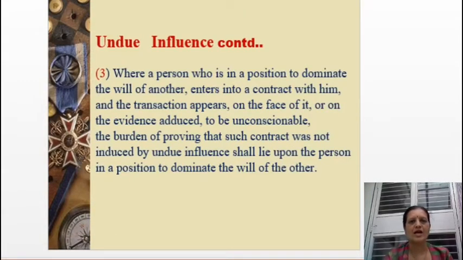Number 3, where a person who is in a position to dominate the will of another enters into a contract with him and the transaction appears on the face of it or on the evidence adduced to be unconscionable, the burden of proving that such contract was not induced by undue influence shall lie upon the person who is in a position to dominate the will of the other.